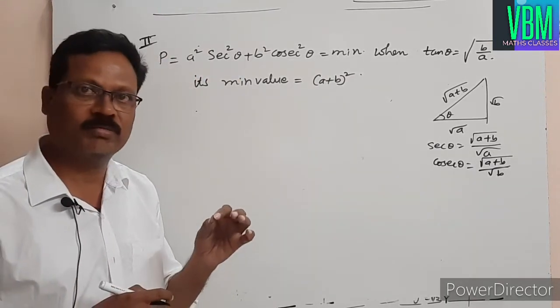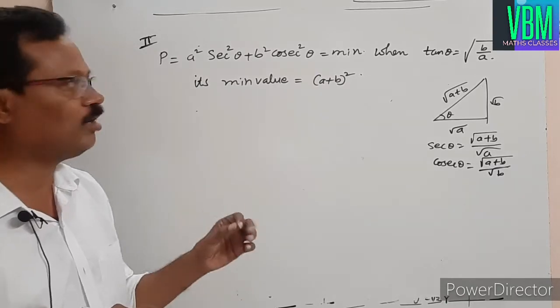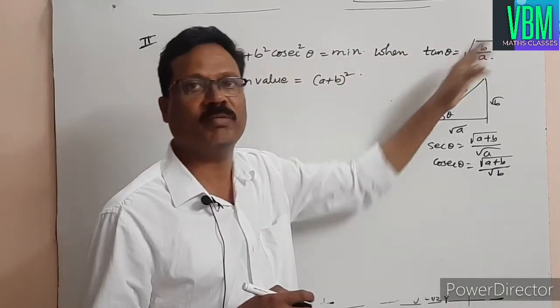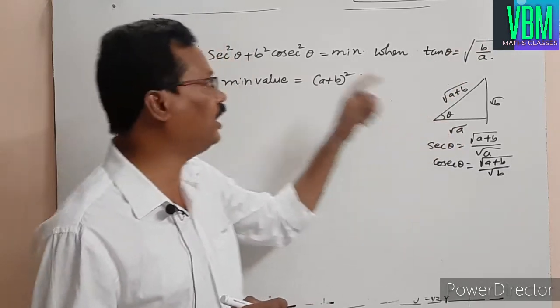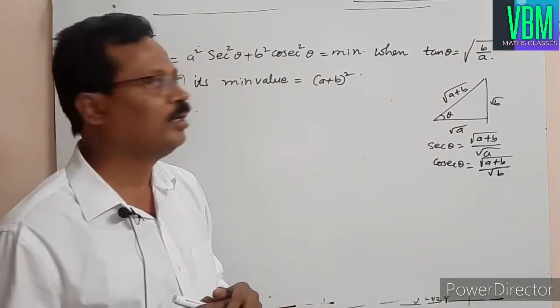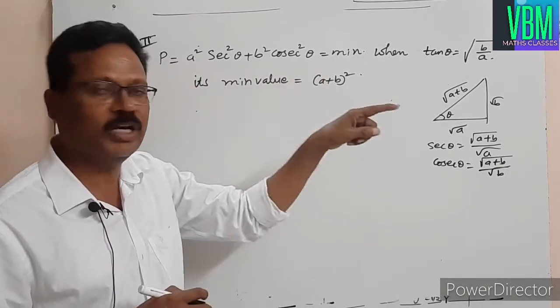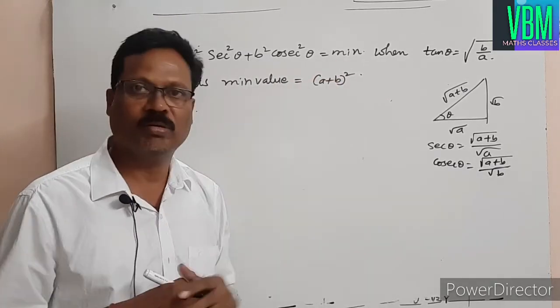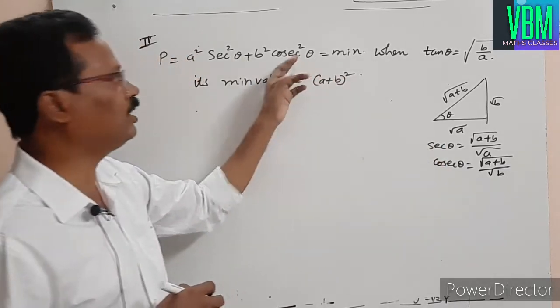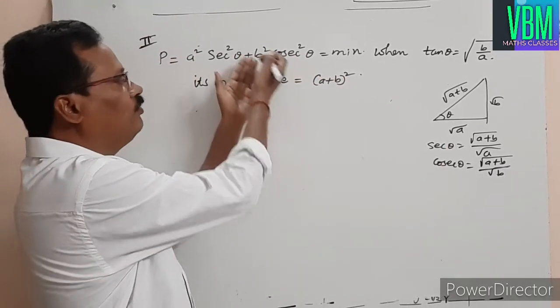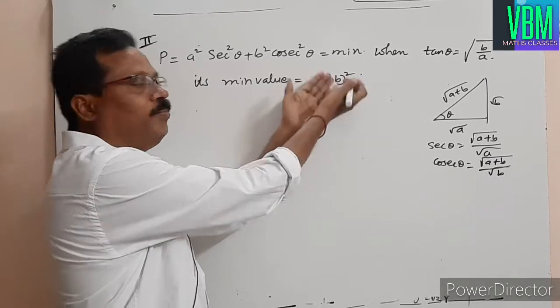Differentiate for maximum or minimum, then you will get the root: tan theta is equal to root of b by a, right? Therefore, tan theta is equal to root of b by a gives the minimum. Now the minimum value of this is a plus b whole square. Substitute sec theta and cosec theta here to get the minimum value, that is a plus b whole square.